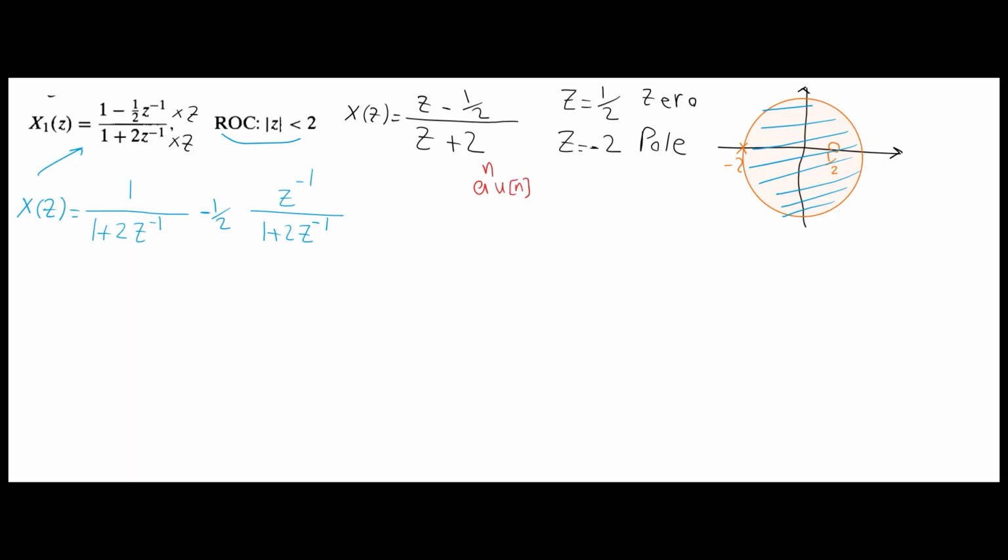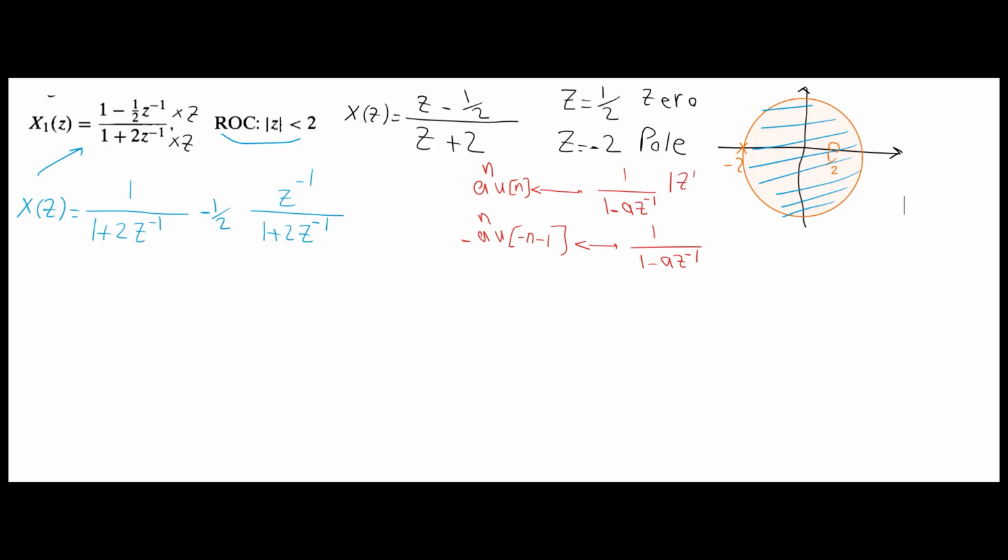The Z transform of a to the power n times u[n] is 1 divided by 1 minus a times z to the power minus 1, with ROC the magnitude of z greater than the magnitude of a.